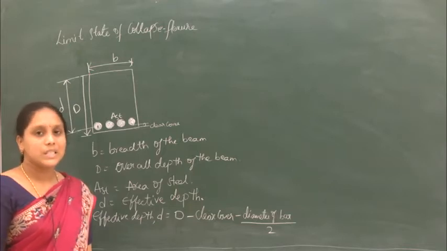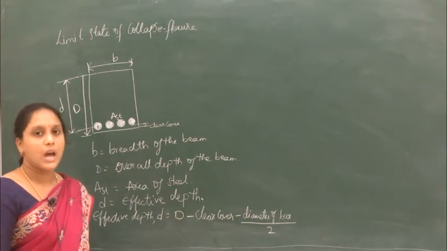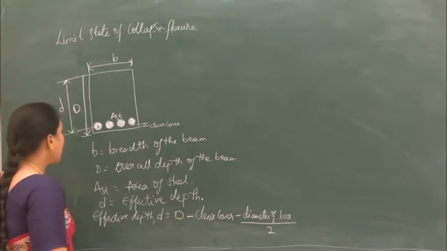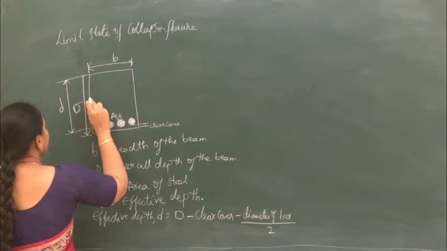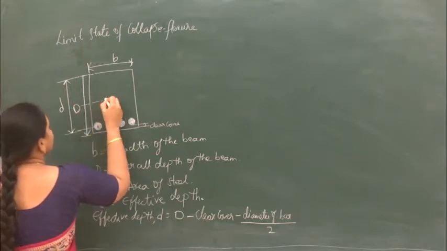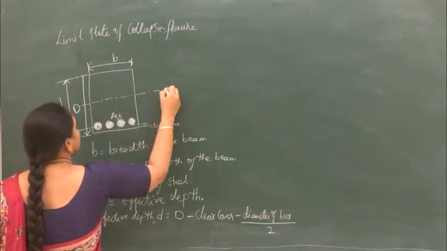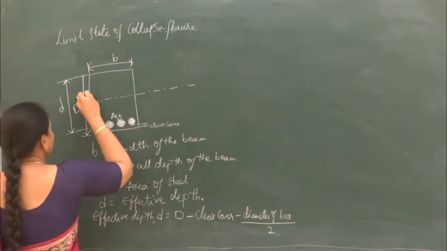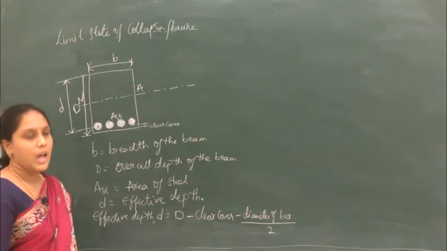The neutral axis is the axis at which the stresses are 0. And this neutral axis will lie at the CG of the body. So this is going to be the neutral axis.